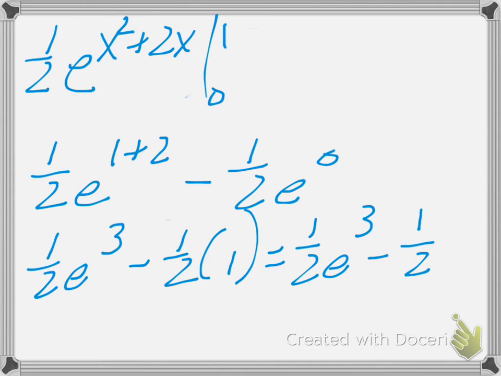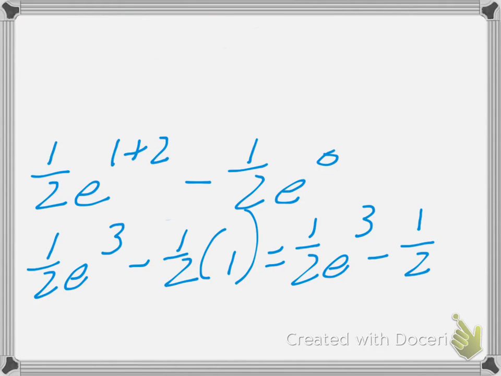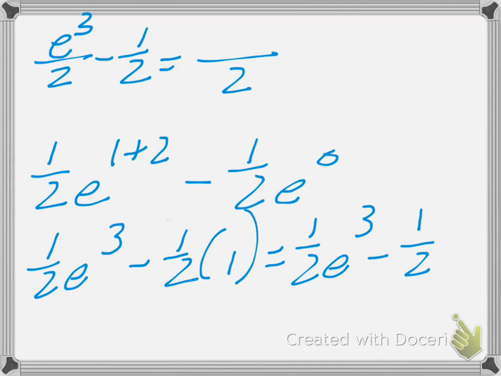But that's not any of the choices, but let's not freak out. If we write this a little bit differently, I could write the first term as e to the 3 over 2 minus 1/2. Now I have a common denominator, so you keep the denominator and you just combine the numerators. And that is choice B.